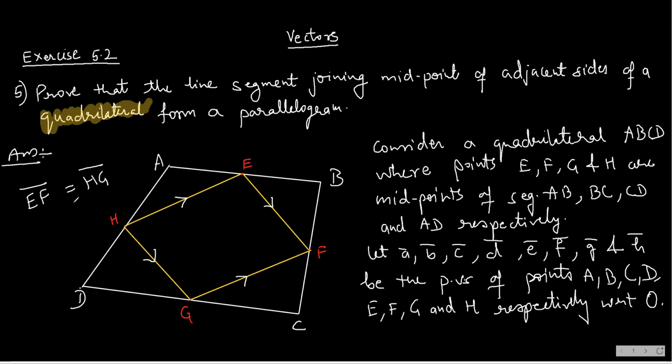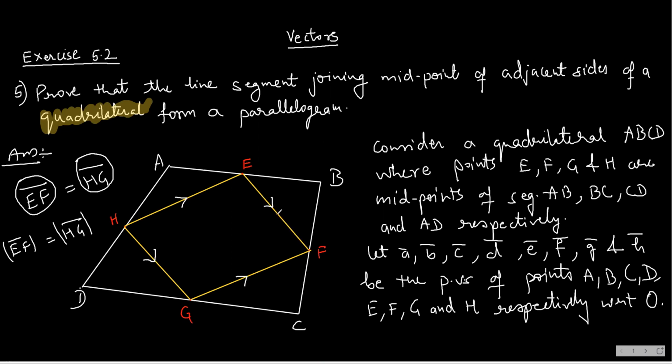Now, how does that happen? See, when two vectors are equal, try understanding. If the two vectors are equal, it means they are in the same direction and they have equal magnitude. So if vector EF is equal to vector HG, it means the magnitude of these two vectors will be equal and their direction will be same. Now, when will the direction be same?